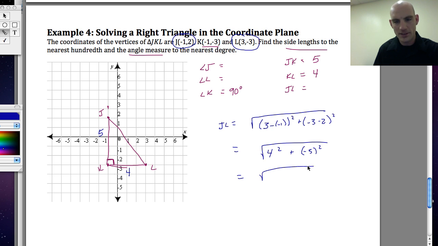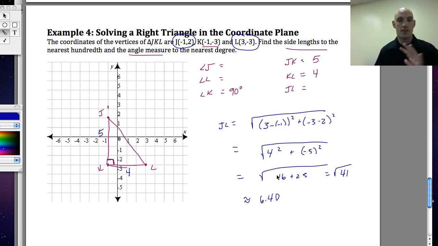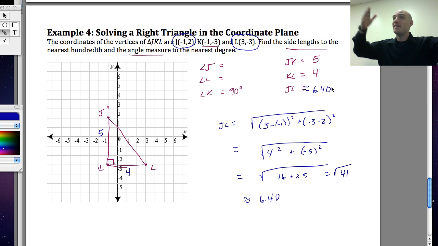Look at what happens. I've got 16 and I've got 25. So 16 plus 25 equals square root of 41. So that gives me about 6.4. That's my other side length. About 6.40.